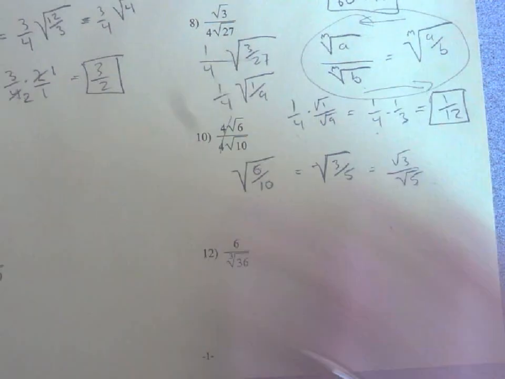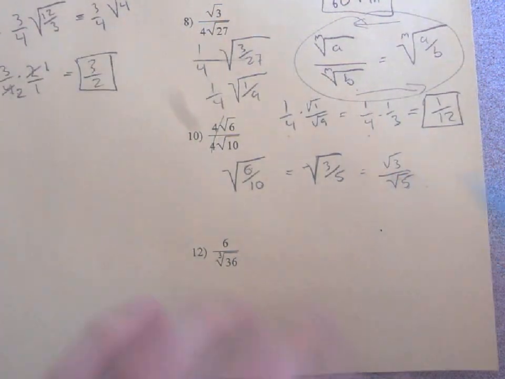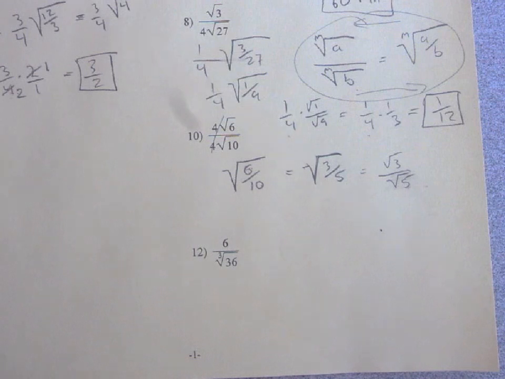But the gist of it is that this square root 5 is an irrational number. And by convention, or just an agreed way of doing things, when mathematicians get together and compare notes and decide to do something the same way, write things the same way, we need to have no radicals in the denominator.